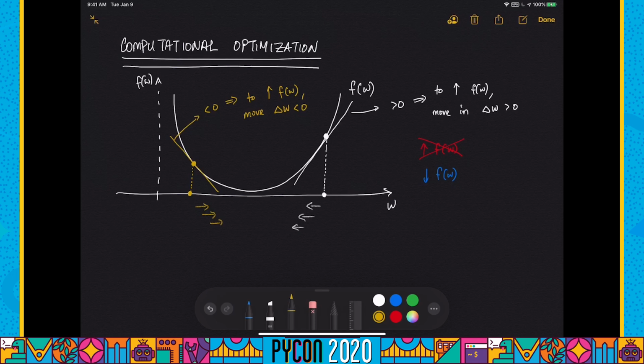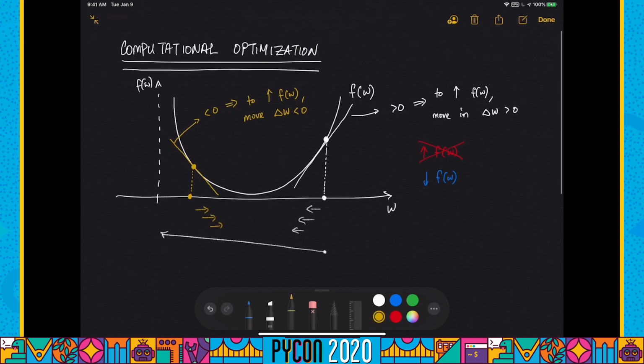Now, one thing that we will do is we want to take small steps in the negative gradient direction. We don't want to take large steps because you can imagine if I took a really large step in this direction, we'd overshoot the minima and we'd end up on the opposite side. And if we took, again, a really large step on this side, we'll be back out over there and we'll never hit the minima.